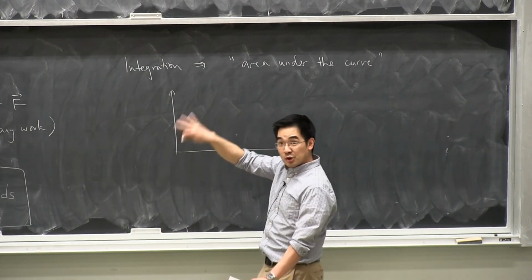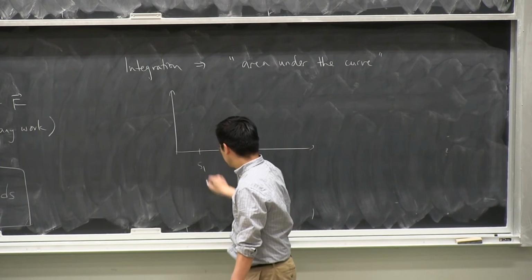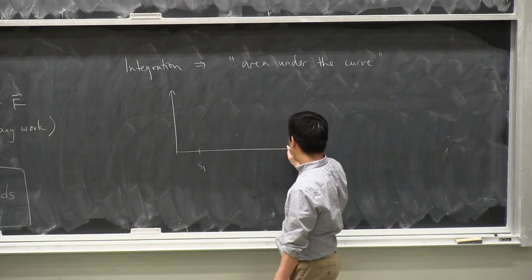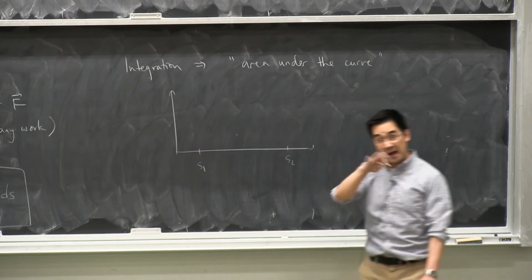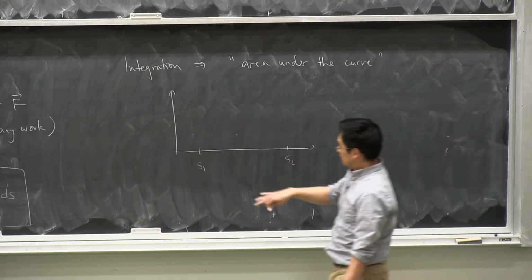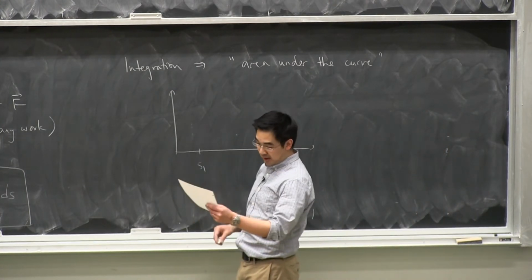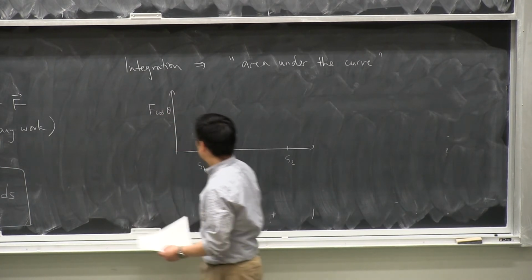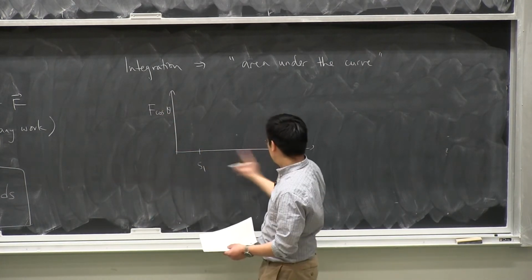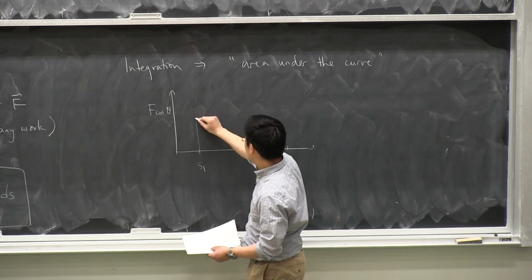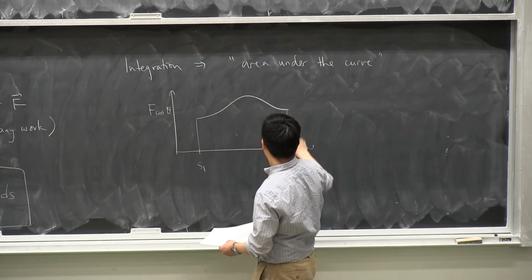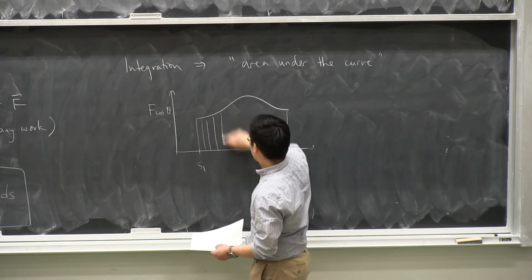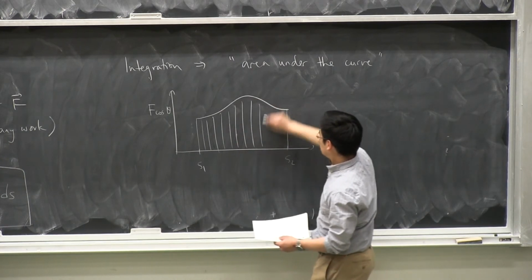As the particle is marching along the path, you go starting from S1 and you're moving all the way to S2. The path is kind of winding. But as long as you keep multiplying it by F cosine theta, then what you're doing is F cosine theta times every little bit of ds, just finding the area under the curve like that.